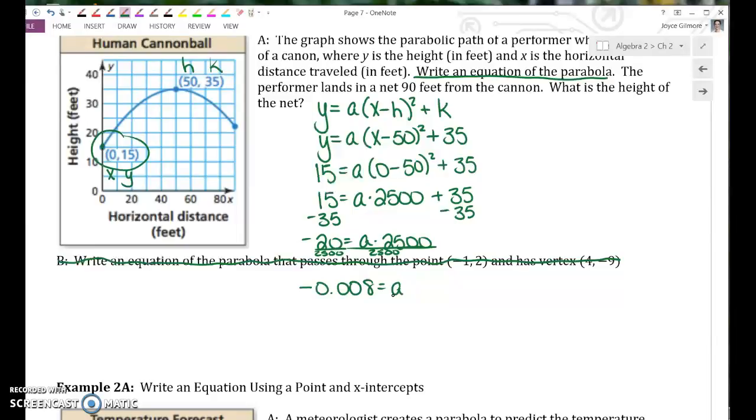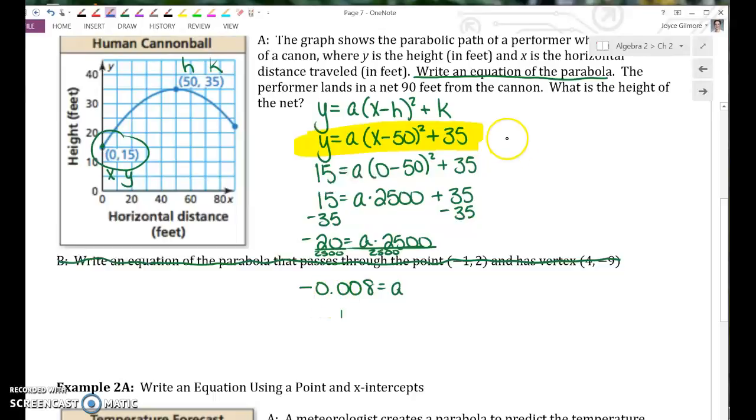Once we figure out that a is negative 0.008, notice the problem does not say find the value of a. The problem says write an equation of the parabola. So I'm going to go back up to this step where we had the equation pretty much all the way written except we didn't know what a was.